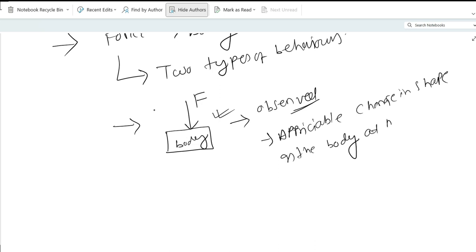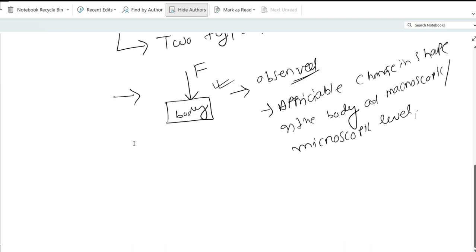at macroscopic or microscopic level. That means this body consists of several particles. So by this application of force, these particles are not changing their position.